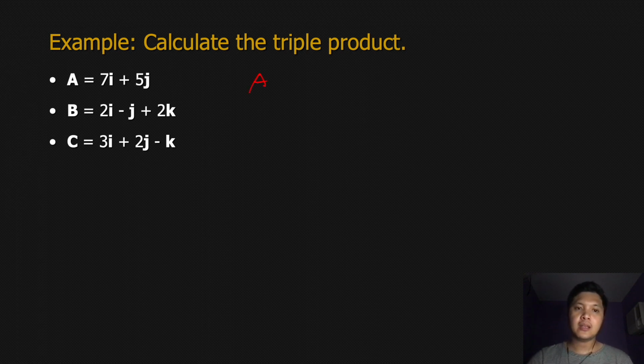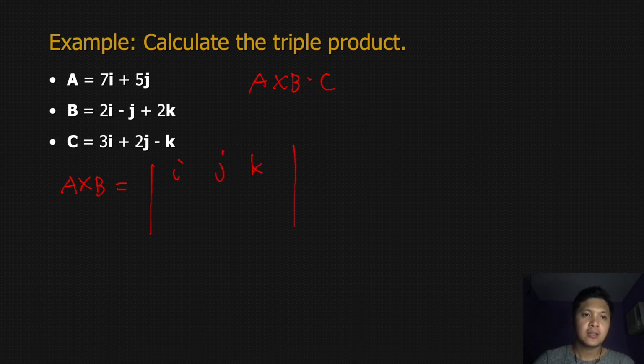So A cross B dot C. We can simply get the cross product of A and B and then multiply it with C. So A cross B is, okay, let's use the matrix notation. So i, j, and k. So 7, 5, 0, and then 2, negative 1, and then 2.